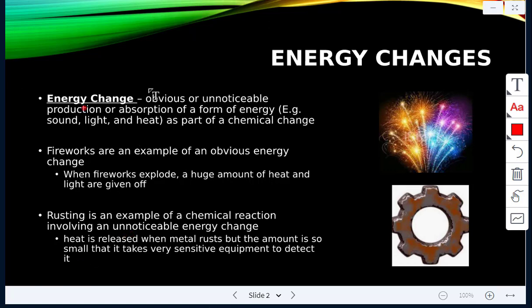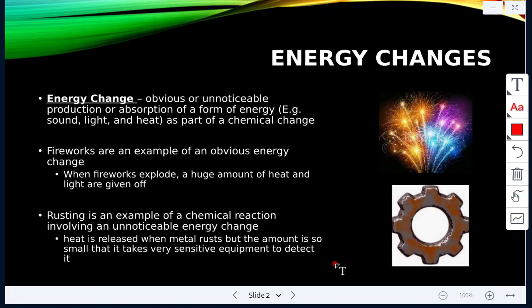An energy change is an obvious or sometimes unnoticeable production or absorption of a form of energy, for example sound, light, and heat, and it's part of a chemical change. For example, fireworks are an example of an obvious energy change. Fireworks explode, and we can see a huge amount of heat and light given off.